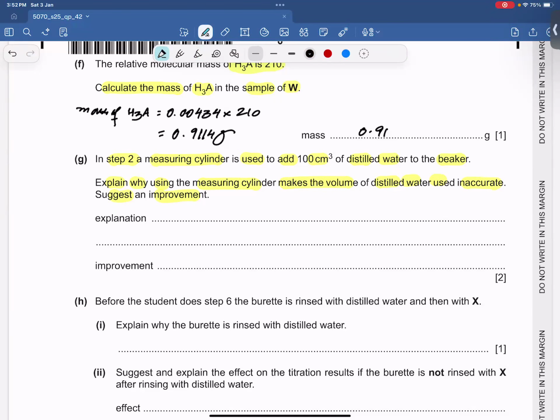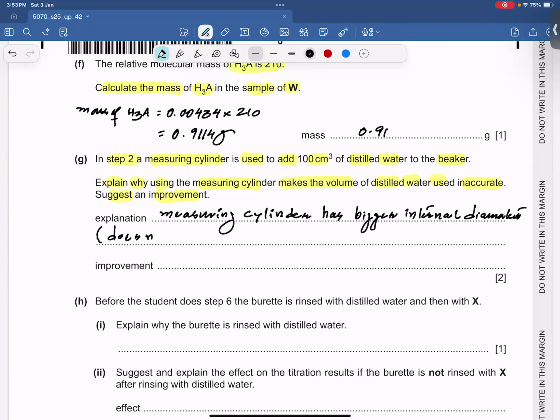So the measuring cylinder has a bigger internal diameter.